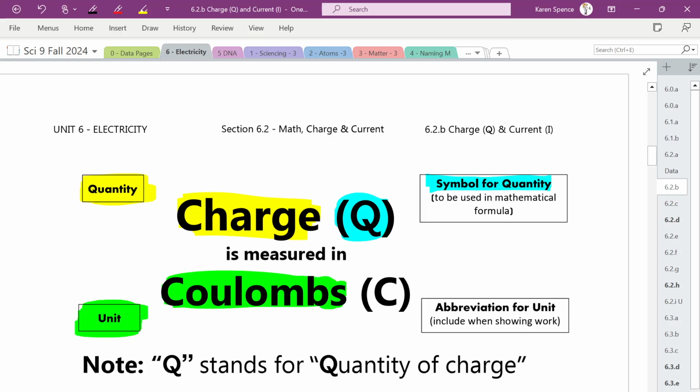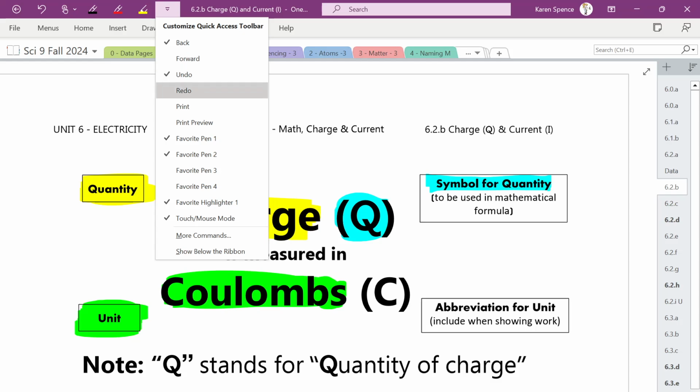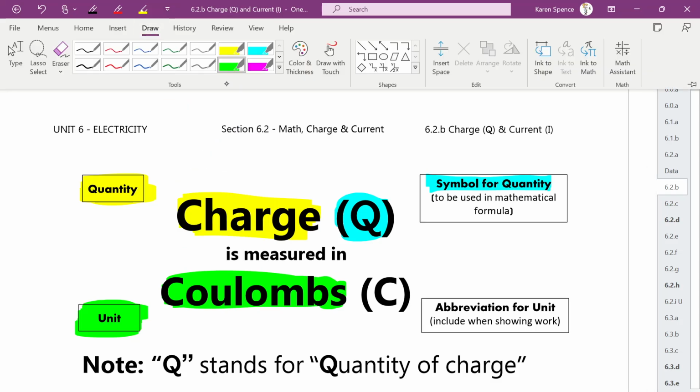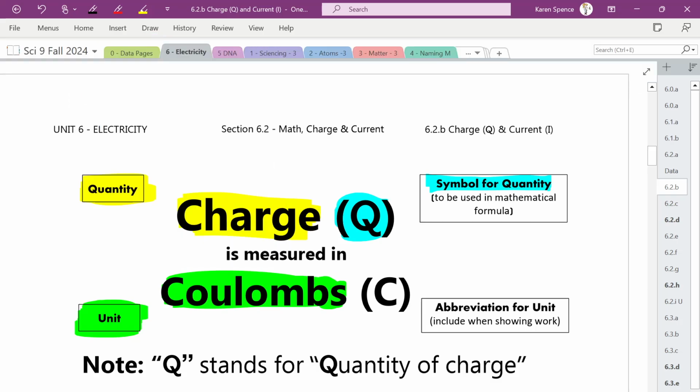And the abbreviation for the unit is the letter C.